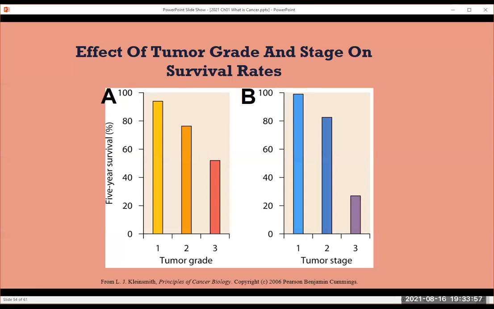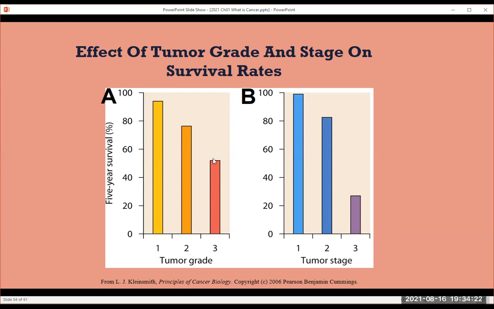And then, just looking at past tumors and the history of those tumors, the tumor grade and tumor stage are indicative of the future for that cancer patient, right? If we look at graphs of 5-year survival for tumor grade, you can see that for tumor grade 1, the 5-year survival is really, really good.